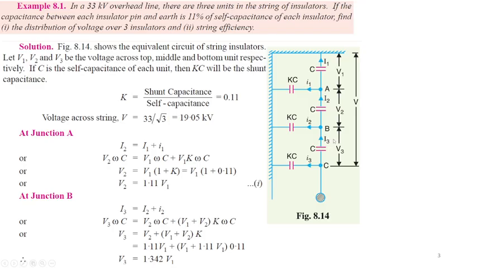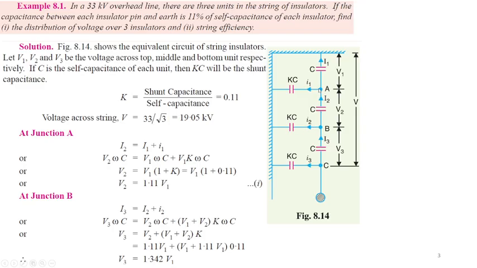Again, we can write another KCL here at junction B. I3 is equal to the summation of the currents going out from this node. I3 is equal to I2 plus I2. So I3 is V3 omega C, equal to V2 C omega plus, and what is this voltage?